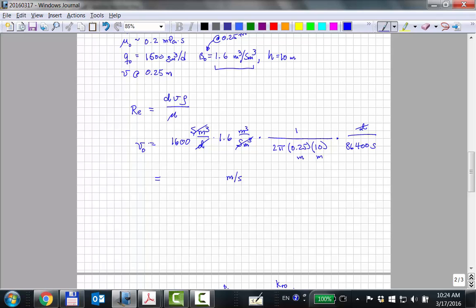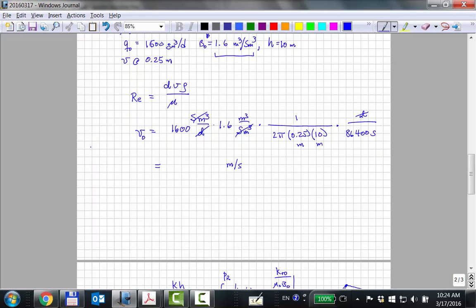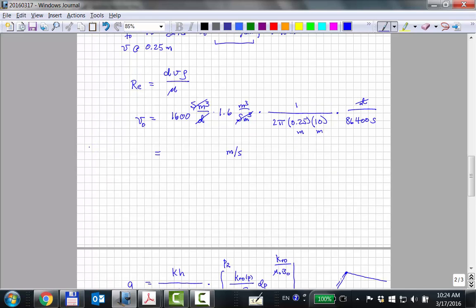I can't remember all the well details. 1.9 times 10 to the minus 3.